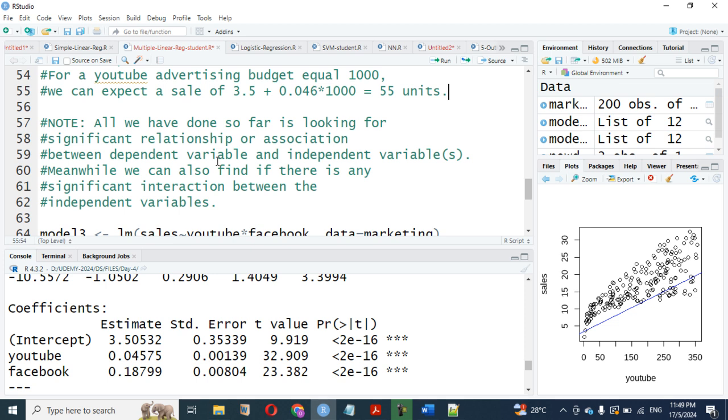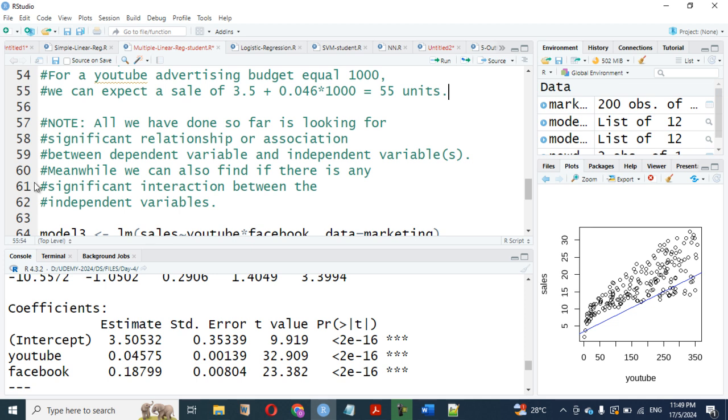Is there any interaction? Because regression does not stop at relationship, it also goes further to look at what is called interaction. I mean, between two x-axis variables.